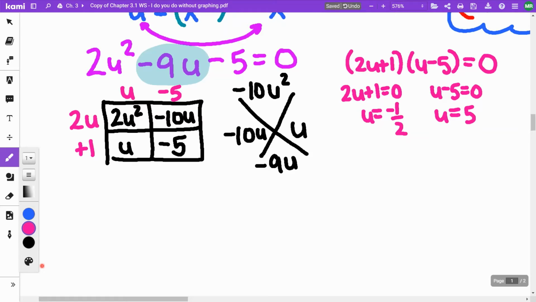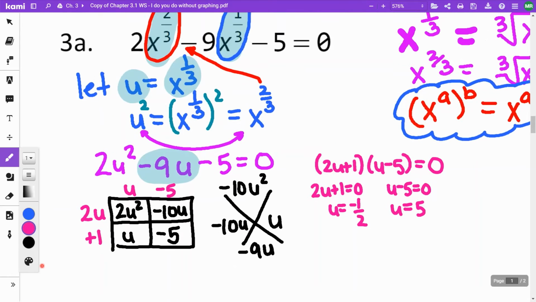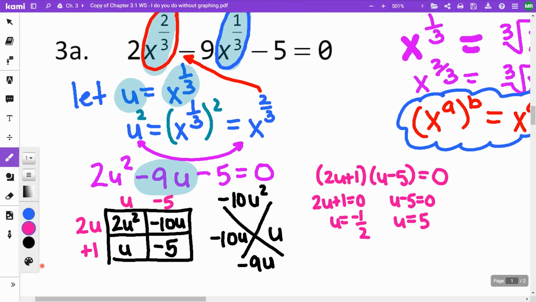Am I done? I wish, but I'm not, right? Because did I have a u in my problem? My original problem, let me zoom back out, had x to the 2/3 and an x to the 1/3. Do not give me u equals negative 1/2 and u equals 5 as an answer. We've got to now find x.